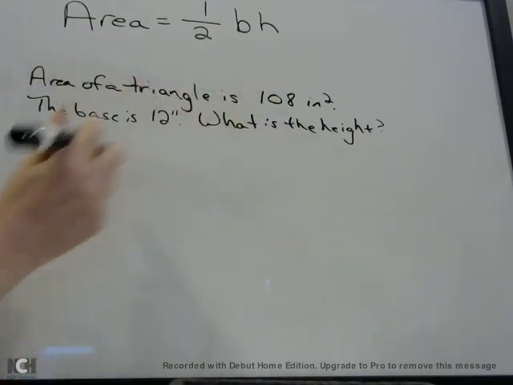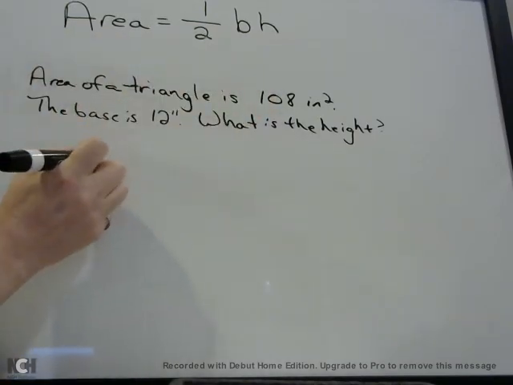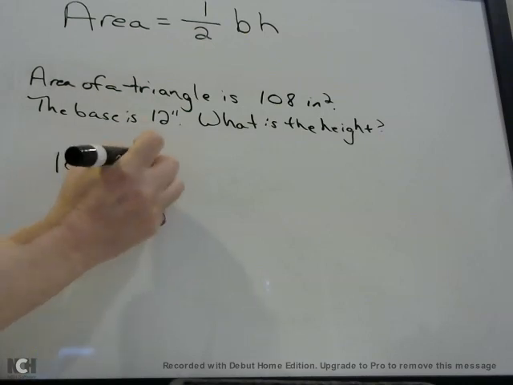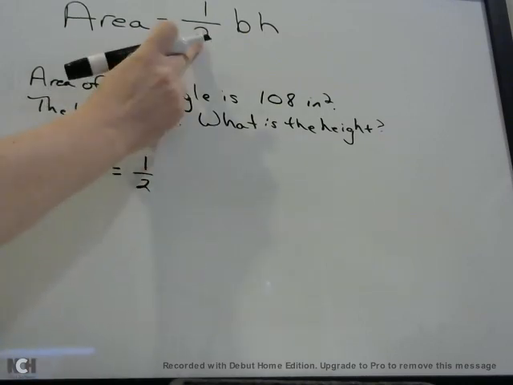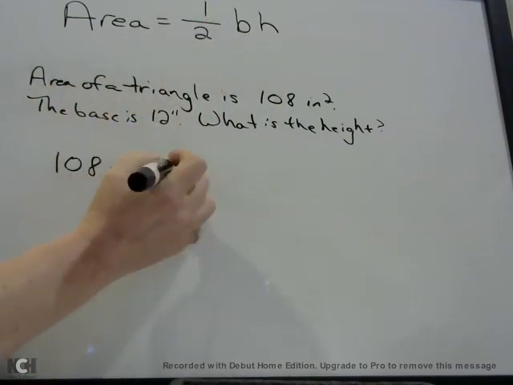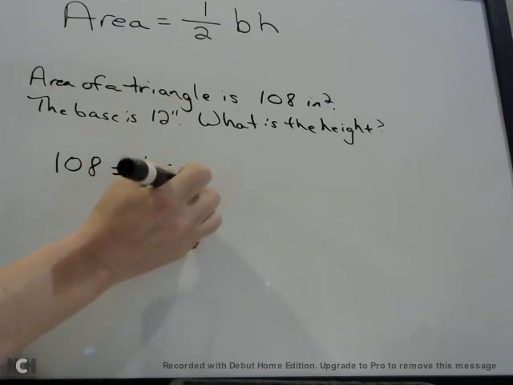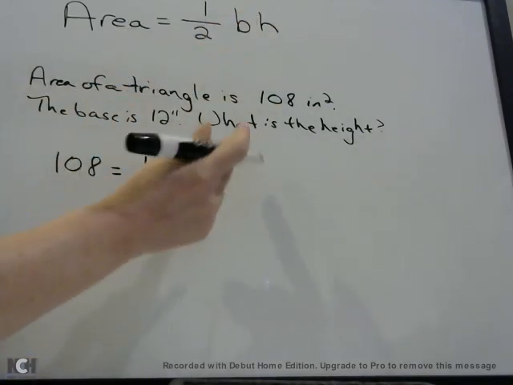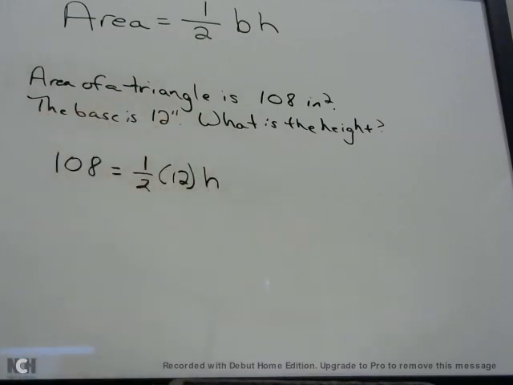So the area is 108 equals 1/2 times the base. They give us that the base is 12 times the height. Well, we don't know what the height is. That's what we're trying to solve for. So we have this problem set up. Now we just need to do some algebra, which I'm going to do fairly quickly.